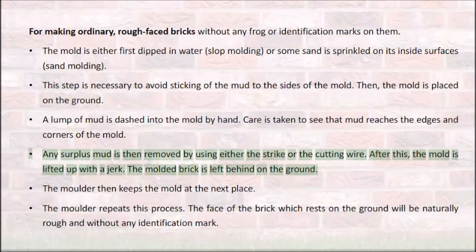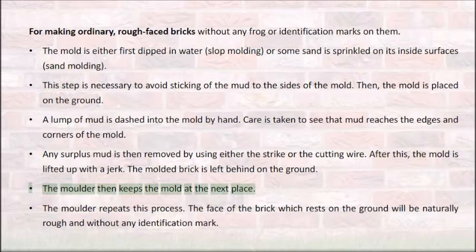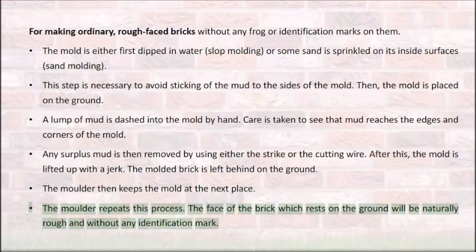After this, the mould is lifted up with a jerk. The moulded brick is left behind on the ground. The moulder then keeps the mould at the next place and repeats this process. The face of the brick which rests on the ground will be naturally rough and without any identification mark.